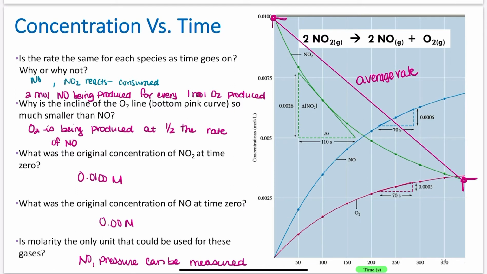The instantaneous rate is what is shown here. I have taken 1 point on the curve and I've drawn a line tangent to that curve. I then measure the change in Y and the change in X, rise over run. This is my instantaneous rate.